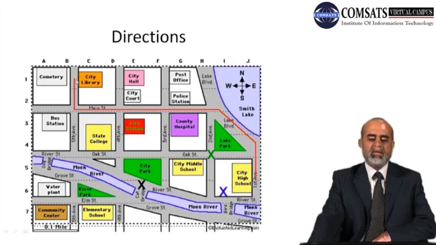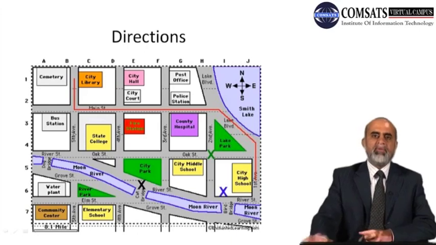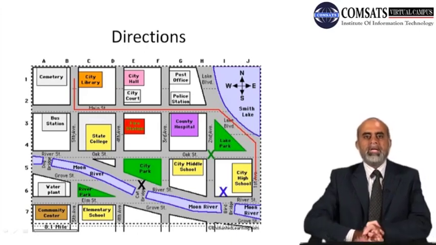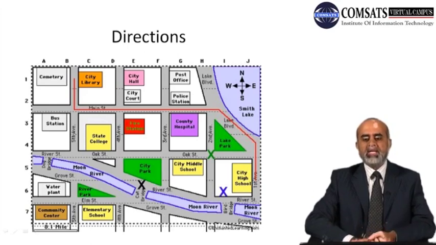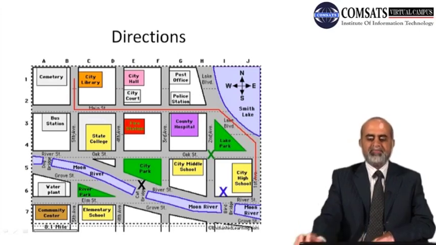Then turn right and you will find the city library on your right opposite the cemetery. So there is no hard and fast rule, and in fact you don't need to copy what I just said. You can be very creative and use various expressions for directions here.